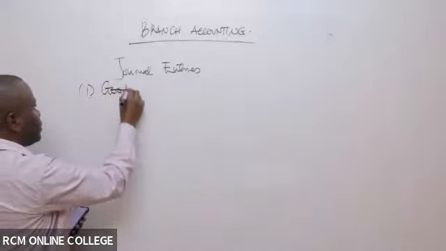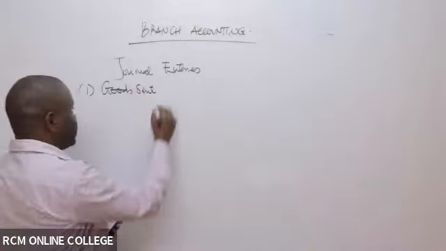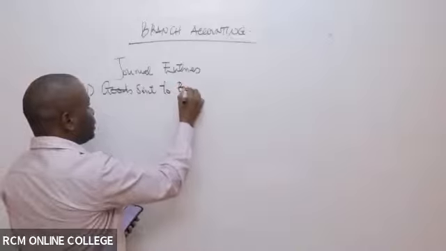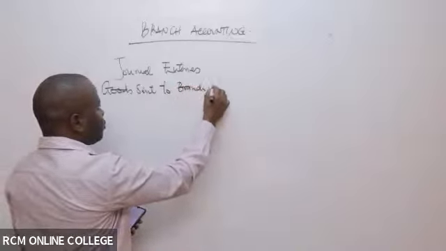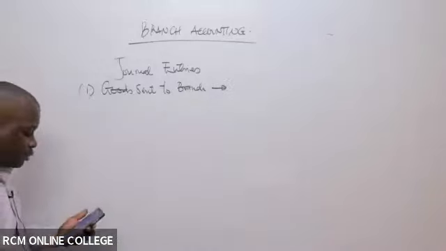If goods are sent to the branch, how do you account for this?